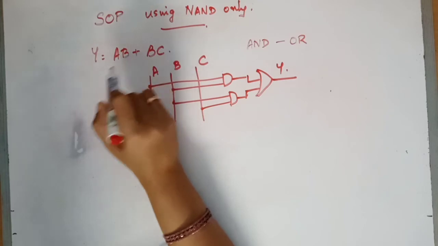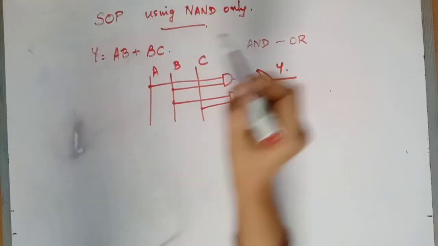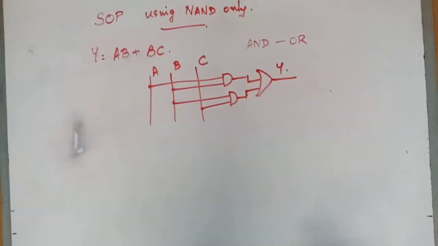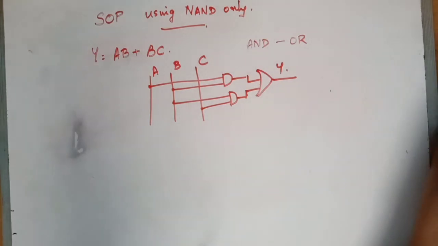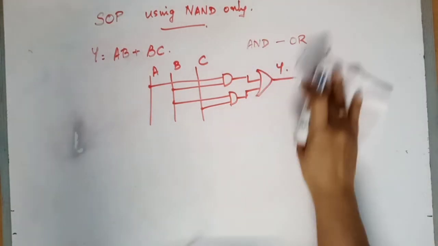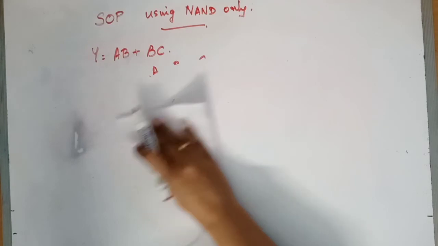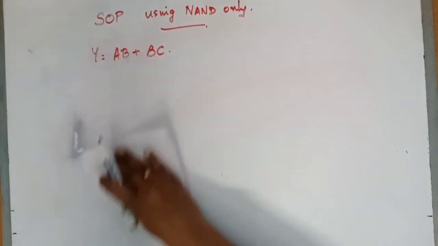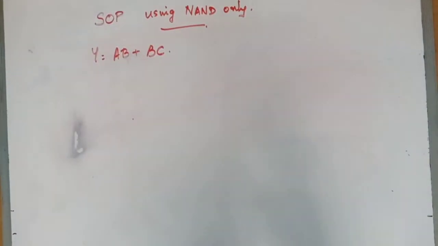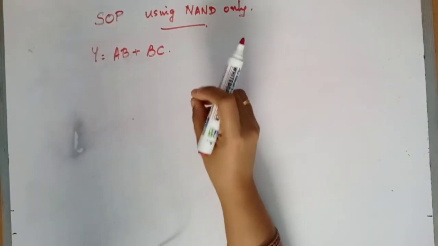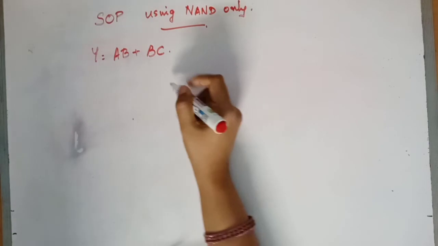So AND OR combination is SOP. For that, the best possible way to represent an SOP or an AND OR process using a universal gate is NAND.